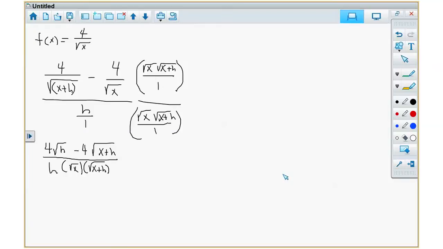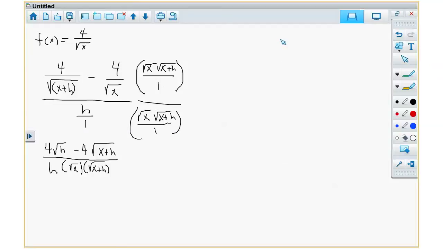Well, you can use 2. You can use 4 square root of x plus h plus 4 square root of x, or you can just use the square root of x plus h plus the square root of x. And that way you don't have to do double the math. Okay, because you have to square 4 and you get 16. They all cancel out.